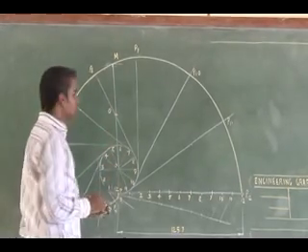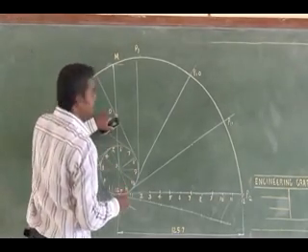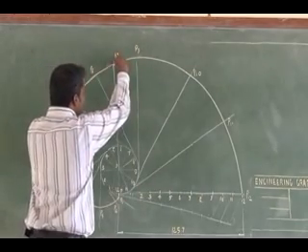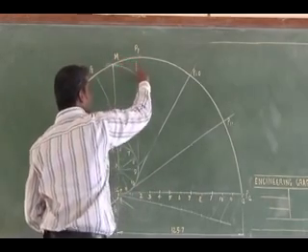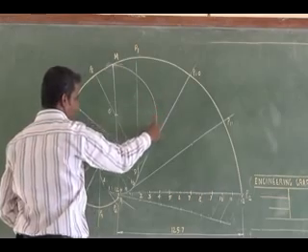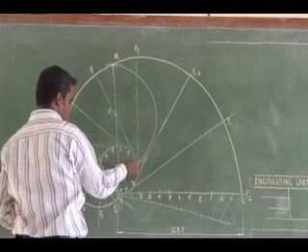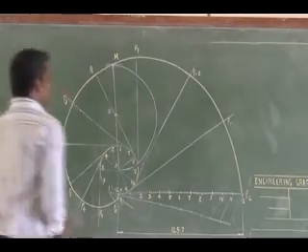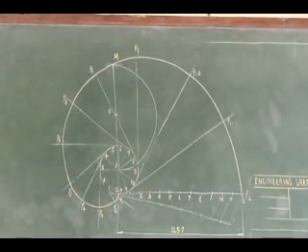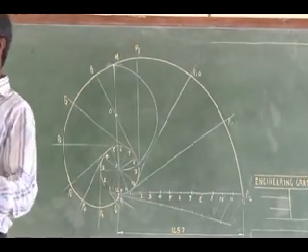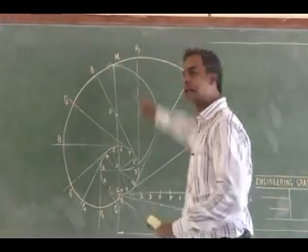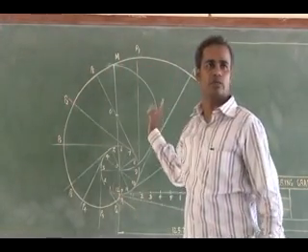Using this center, I can draw a semicircle along this direction. See here, this is the semicircle I have drawn using OM as diameter, that is 90 mm as diameter, in the direction of the involute.